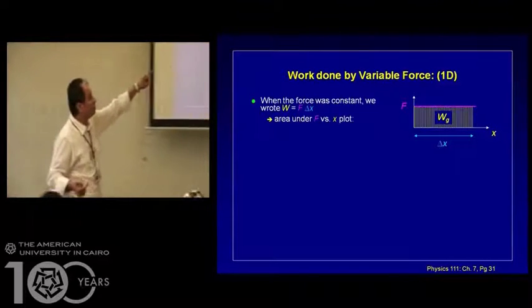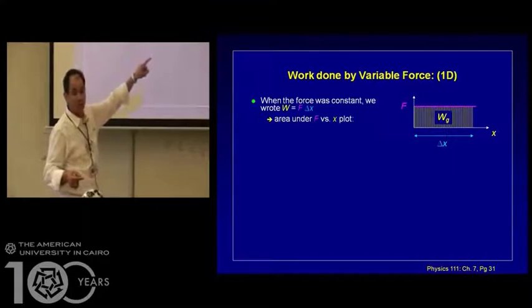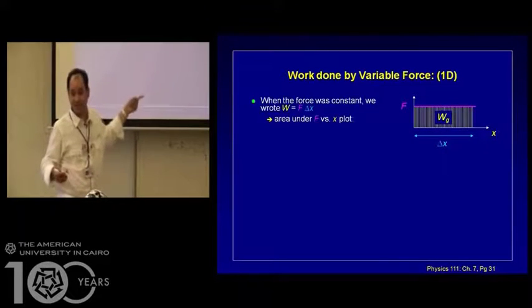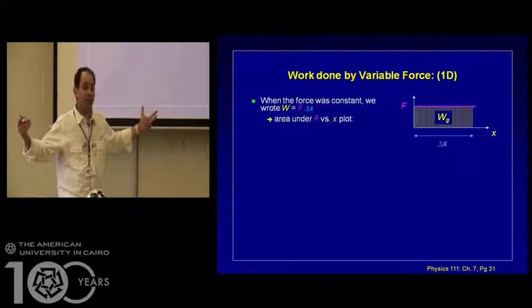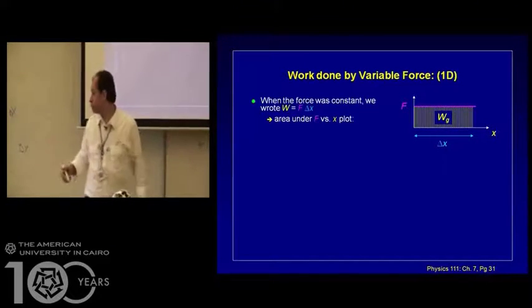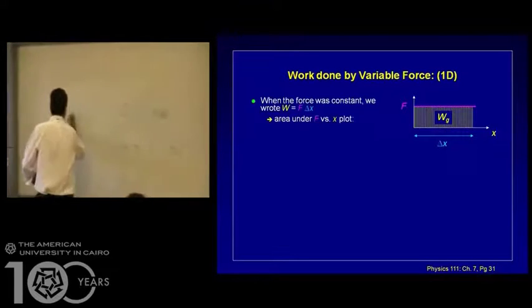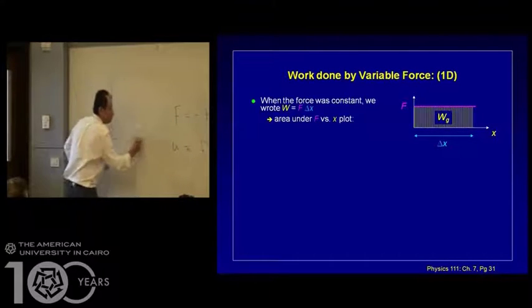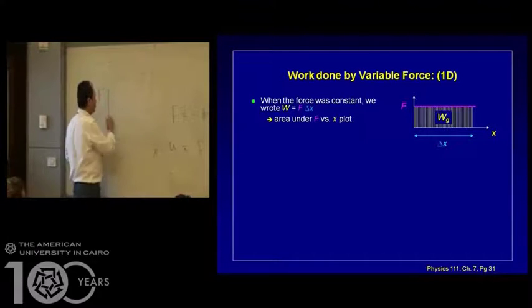So what you have to do is to draw the relation between the force and x and find the area under that graph. This is the work done by that force. So if we draw a force as a function of the x, you increase the force, you increase the displacement.